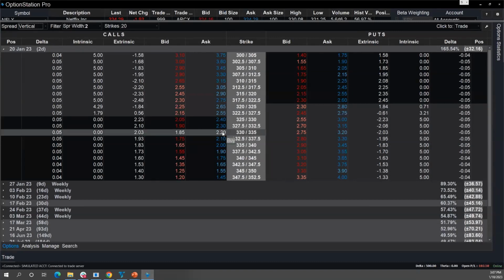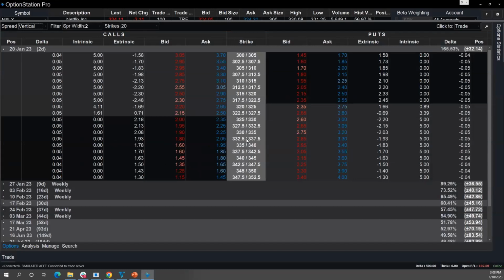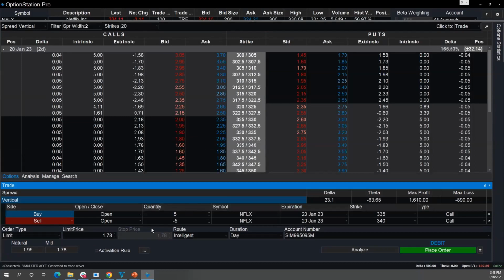If a person wanted to be bullish on Netflix and target a move above something like 335, they could do that with this call spread by clicking on this. For a cost of about $1.95, if the stock goes up to 340, that spread will be worth $5, which is more than twice what the person would have paid for it. So this is a quick example of how this sort of thing works.